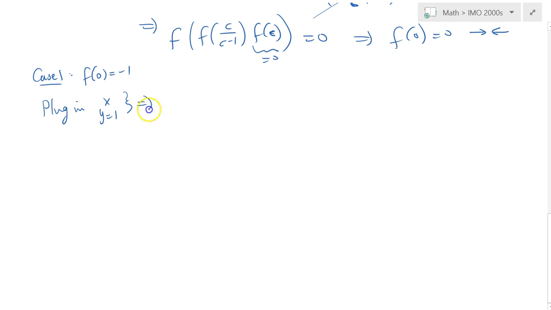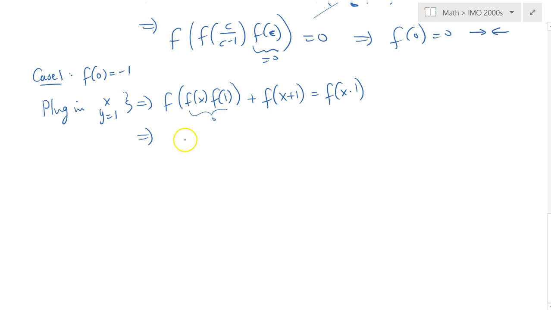That would give us f of x times f of 1 plus f of x plus 1, which is equal to f of x times 1. And from here, knowing that f of 1 is simply equal to 0, this whole thing is 0.